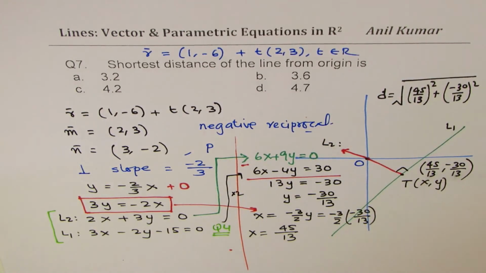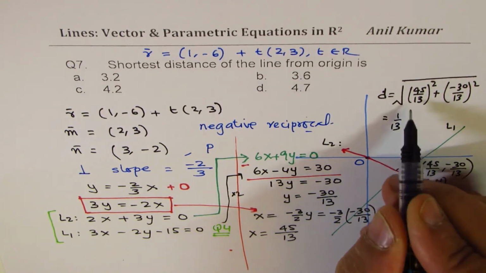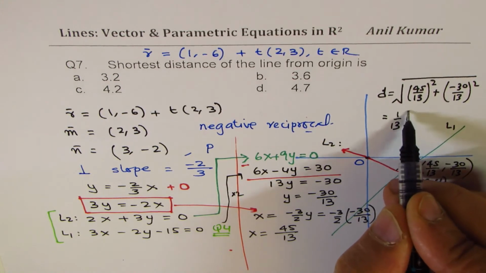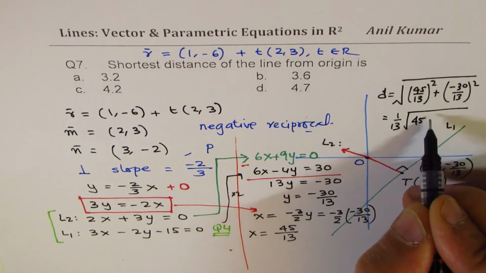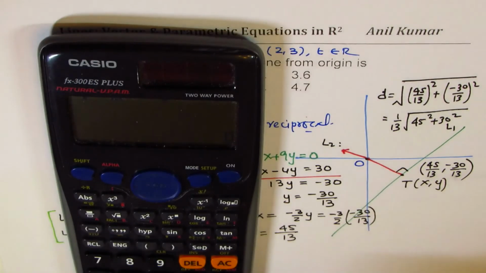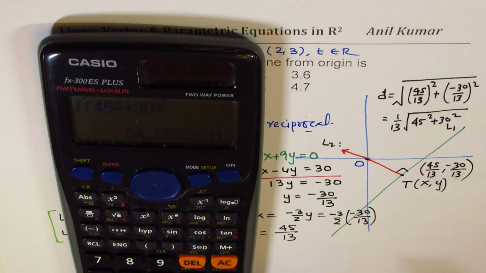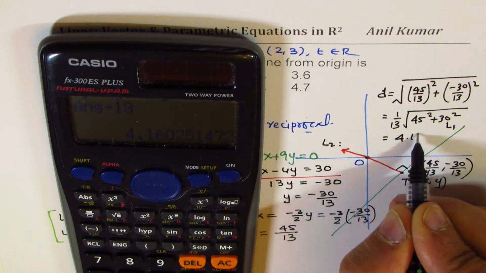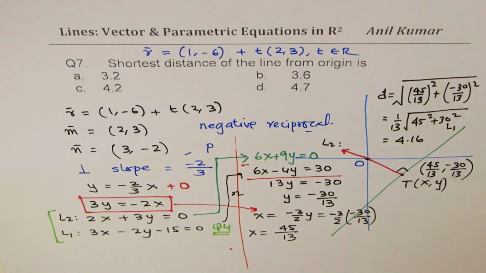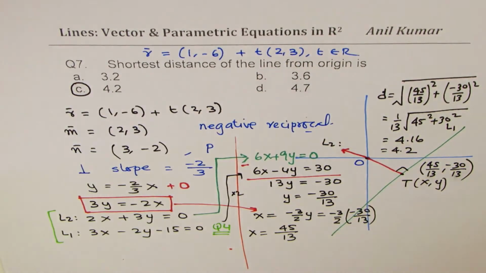You could take 1 over 13 outside the square root, and within the square root calculate 45 squared plus 30 squared. The square root of that is 50.08. We divide this by 13 to get the answer, which is 4.16. So 4.16 rounds to 4.2, and therefore the answer is C for us, correct?